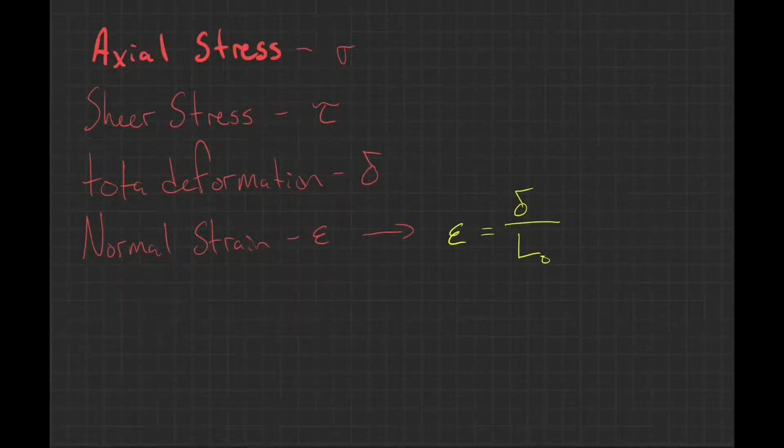So sigma is our axial stress, and epsilon is our axial strain, and E is our modulus of elasticity.